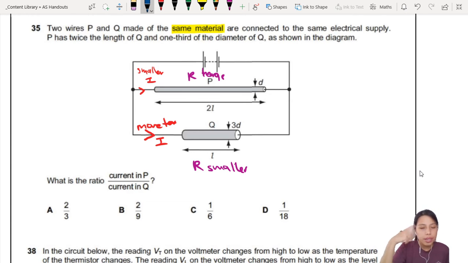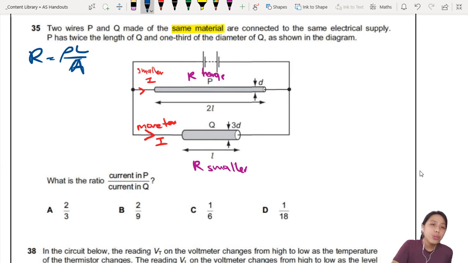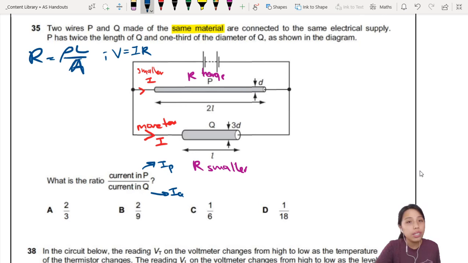Might as well. Now we actually have to calculate a number. First things first, you need to remember R equals rho L over A, and you know all this diameter thing. But you also need to know Ohm's law because we are looking at the ratio of current. So we need to find IP, IQ, and then only divide both. Whenever you see ratio, you find the top, find the bottom, divide both.